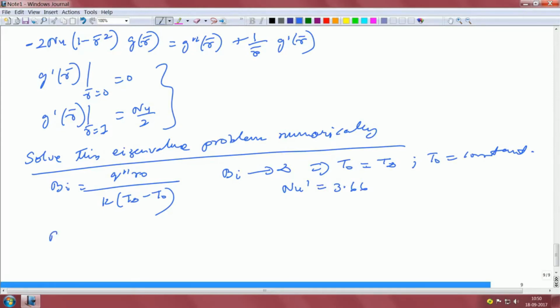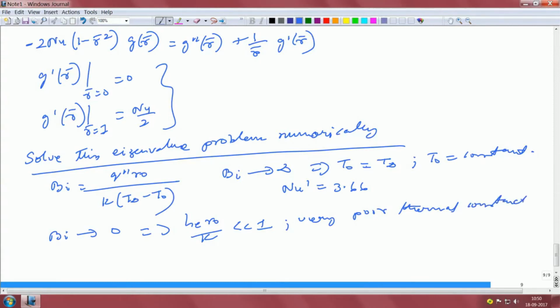Let us take the condition when Biot number approaches 0, which implies that He R naught by k is much less than 1. This also implies very poor thermal contact. So, in other words, T naught minus T m in that particular case is locally independent of x.